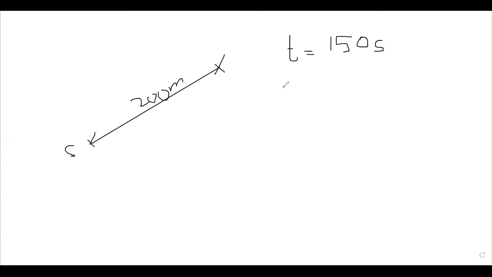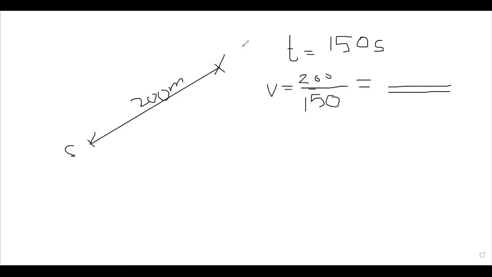So if we want to find the velocity, we just divide 200 by 150 and we get the value. This value is called the magnitude of the velocity, or if it's alone, the speed. Now we need to find the direction.